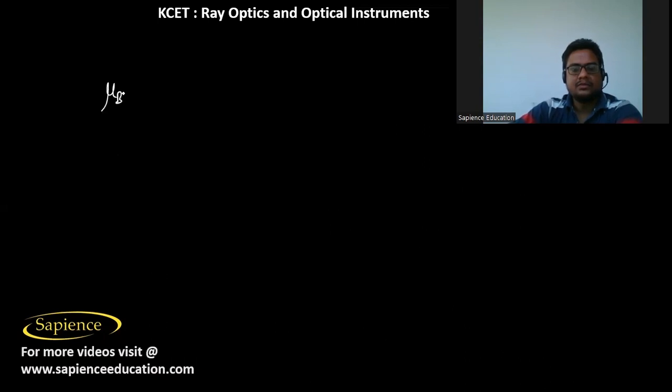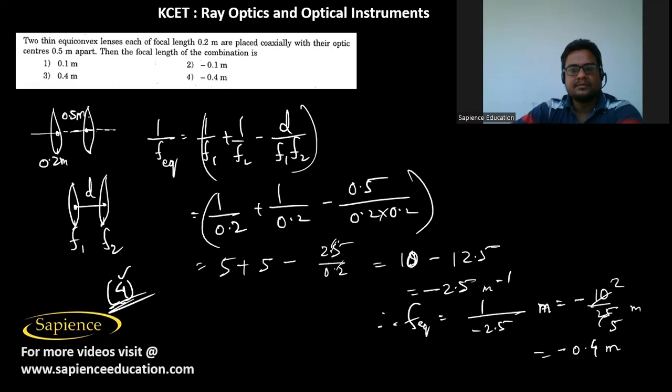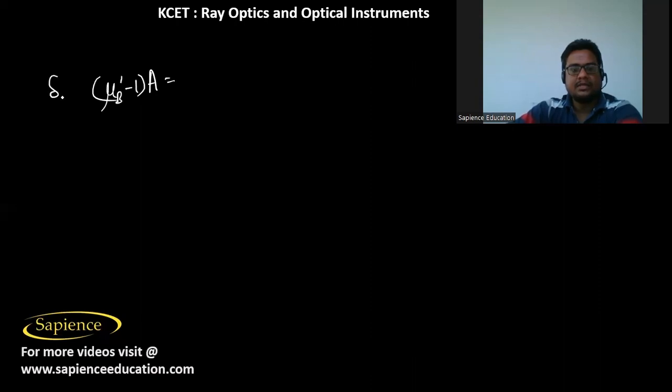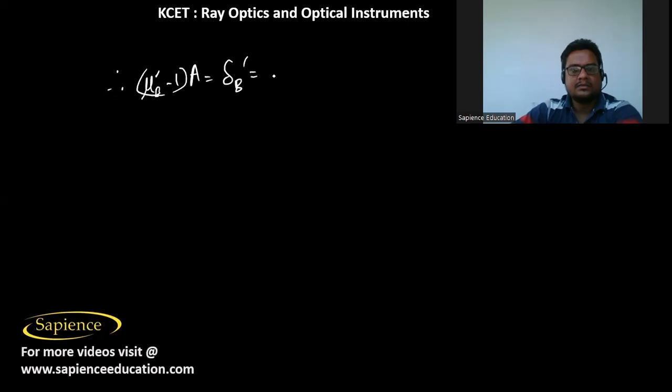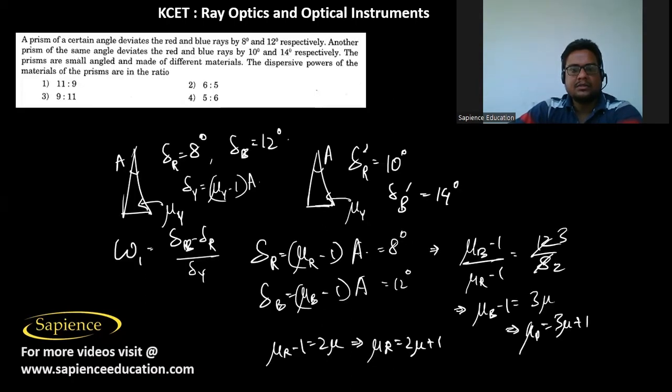So this will be mu b dash minus 1 into A dash, that is delta b dash, which is equal to 14 degrees, and mu r dash minus 1 into A dash is delta r dash, which is equal to 10 degrees.